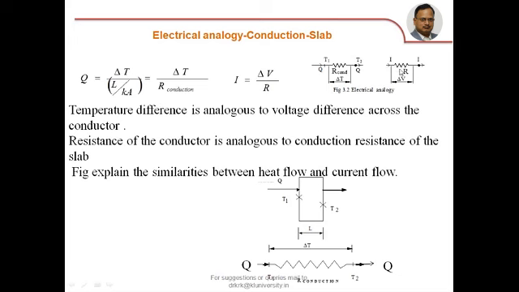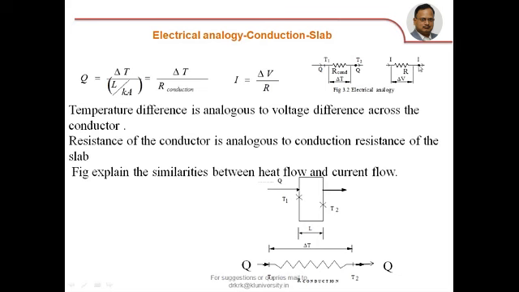Imagine current is flowing through a resistor R, which is subjected to a potential difference of delta V. We all know that the current I flowing through this conductor is given by I is equal to delta V by R, where R is the electrical resistance offered by this conductor, delta V is the potential difference across the resistor, and I is the current flowing through it.